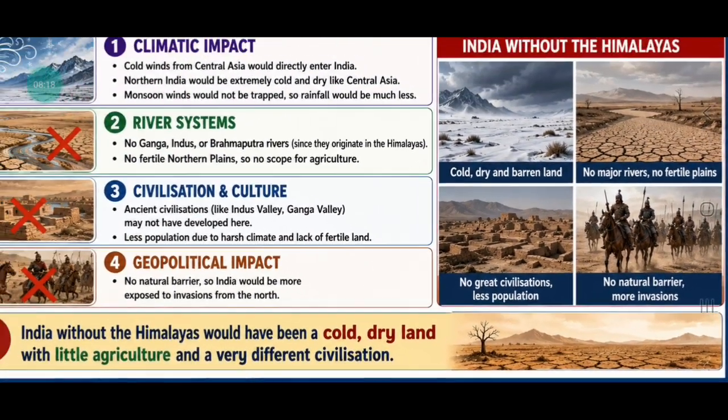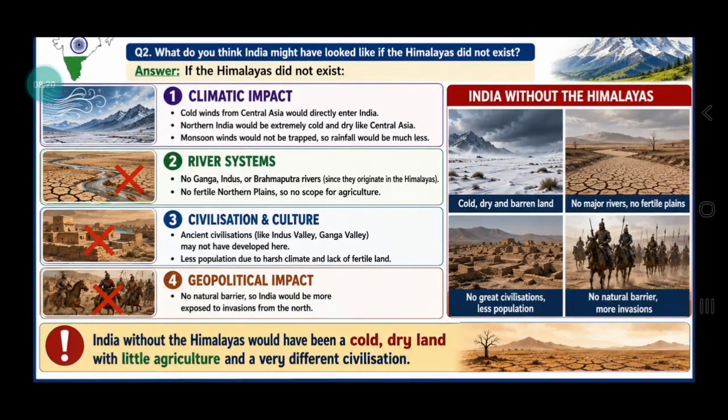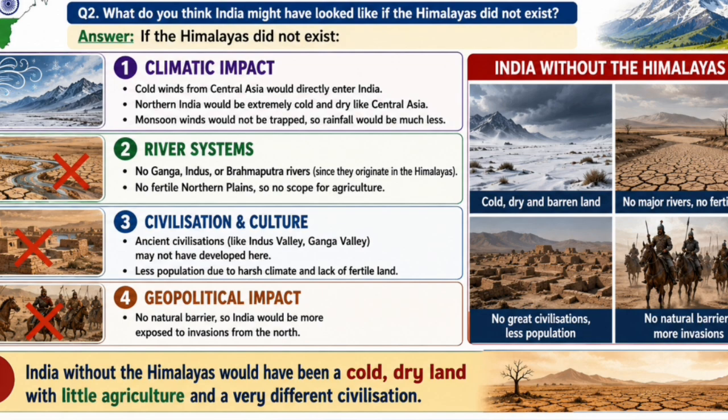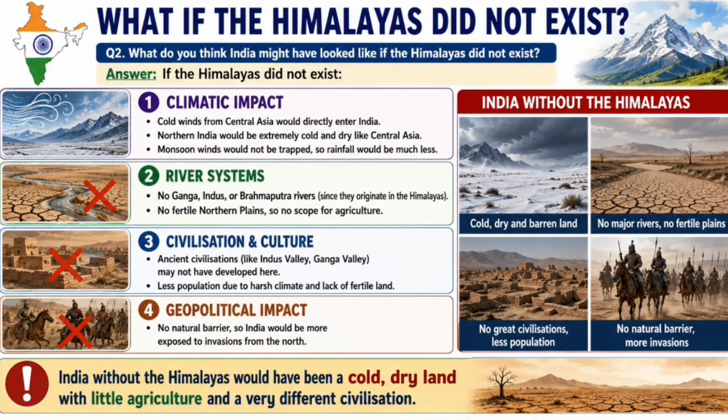So India without the Himalayas would have been a cold, dry land with little agriculture and a very different civilization, right children? So this could be the condition of India in the absence of the Himalayas.